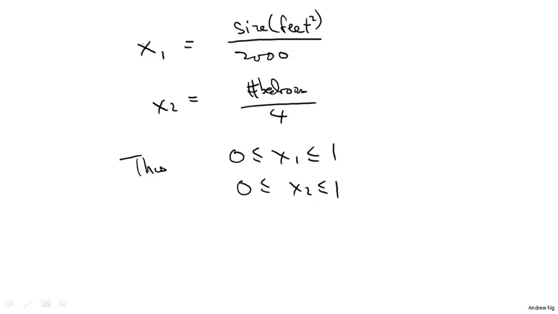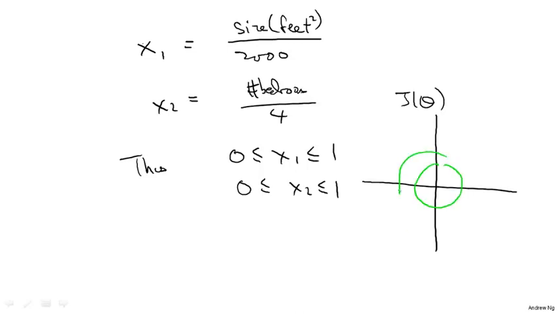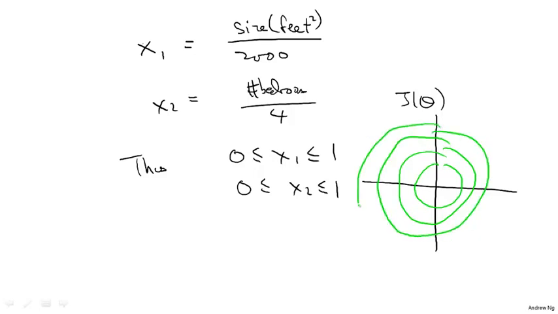With this change to the features, you find that the contours of J of theta will have a much more reasonable aspect ratio. It won't be those extremely elongated ellipses. And if the contours of J of theta look like this, then wherever you initialize theta, it can find its way to the global optimum much more quickly.